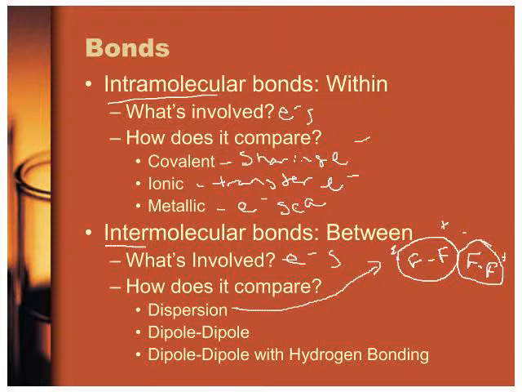This is also called London dispersion forces, van der Waals. There are different names that it goes by, but they end up just kind of coming close to each other. It usually has your gases. Your gases don't really come close to each other, right? So those are the types of interactions that you have.